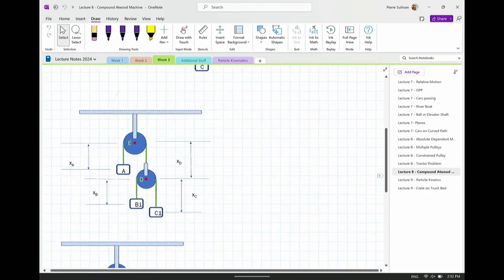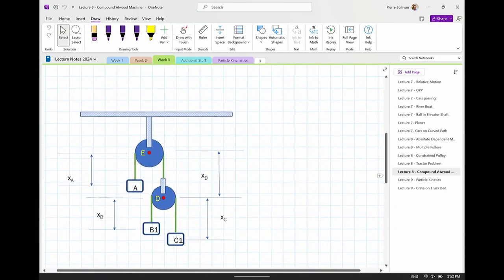So I can relate everything to another position. So in this case, and this is where looking at these things this way is important, I have XA. I've defined XD with respect to E. I have XB, and I have XC.